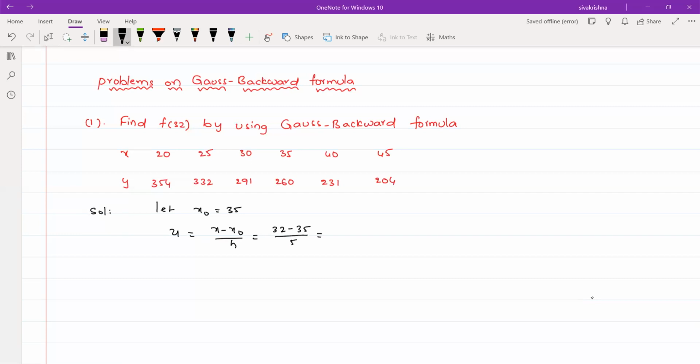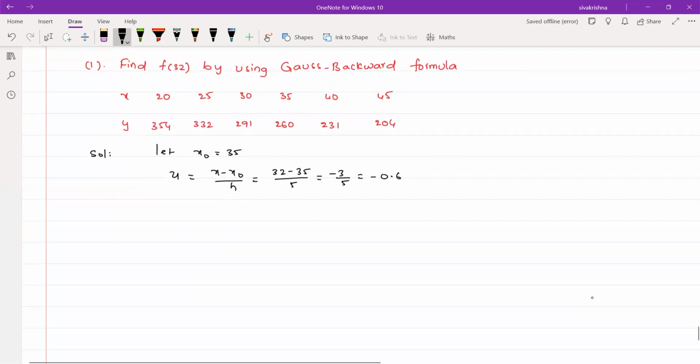This is equal to minus 3 by 5, which is equal to minus 0.6. So this is the value of u. After that we have to construct the central difference table. So I am constructing the central difference table.